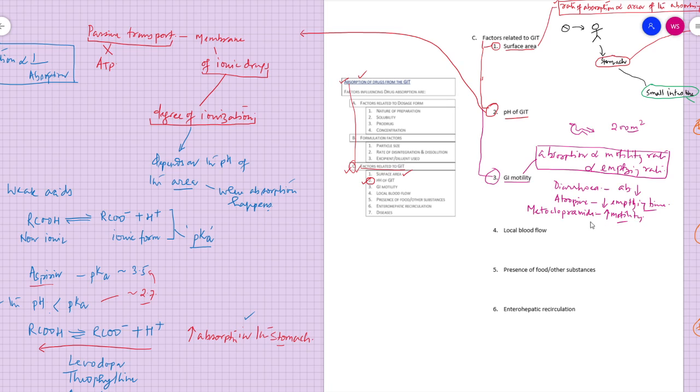As a result, the gastric transit time will reduce. As a result, absorption of drugs like digitalis will reduce.